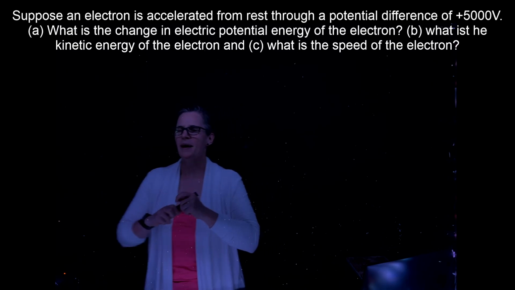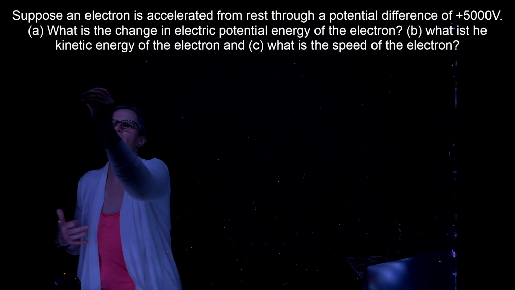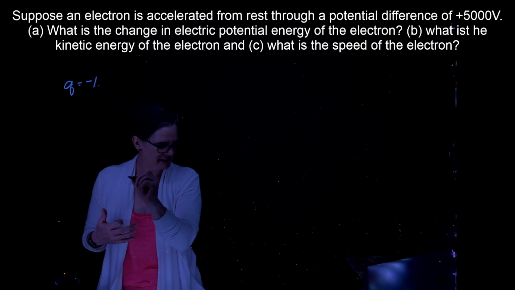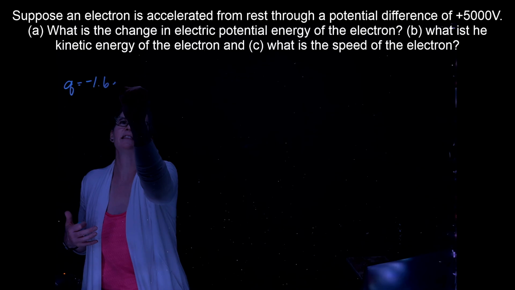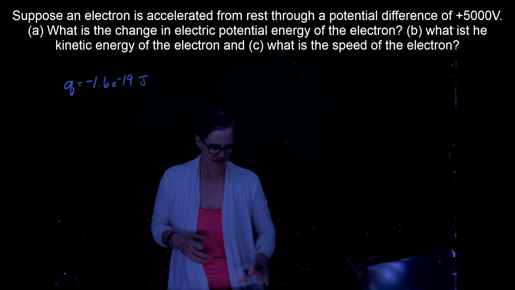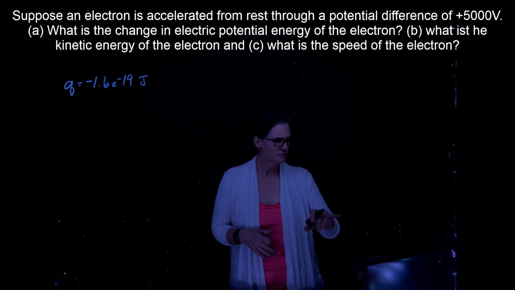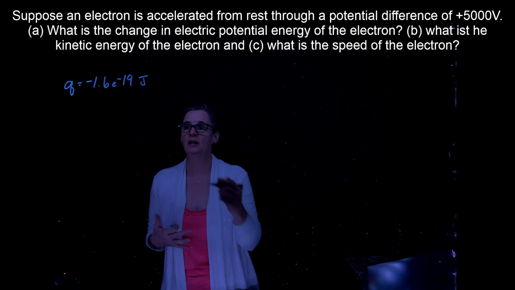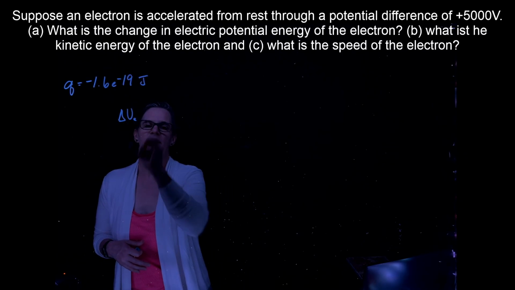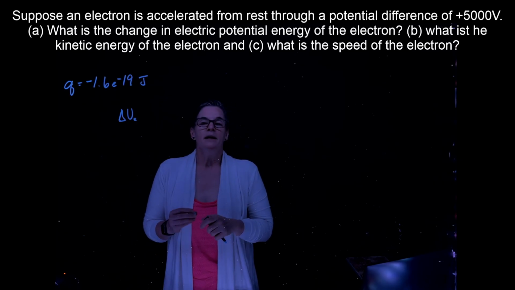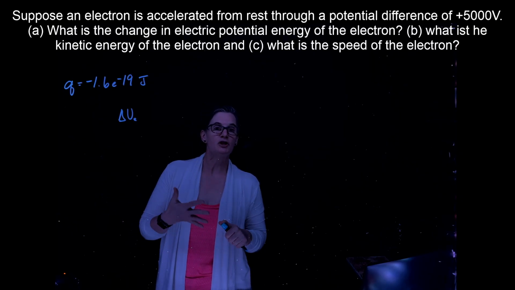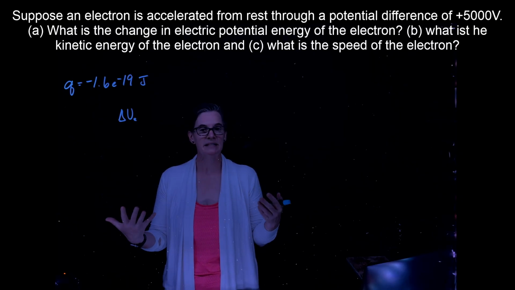We want to remind ourselves that the electron is a charged particle. The charge on an electron, remember, is 1.6 times 10 to the negative 19th coulombs. Okay, we want to know the change in electrical potential energy of this electron. We know that the change in potential energy is related to the electric potential.